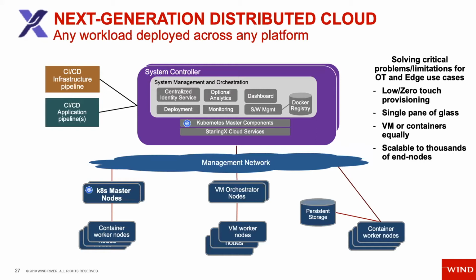This is where you would provide the software updates, the zero-touch provisioning, and the Kubernetes master components. By doing this, you're able to keep a large part of the control plane centralized, so that you can have a much, much smaller control plane, only what's necessary at the regional edge.